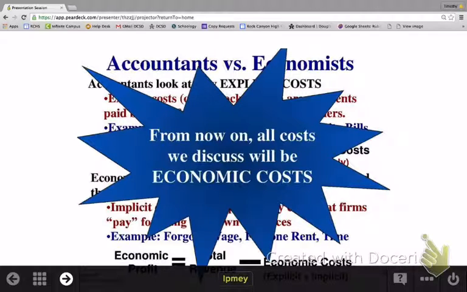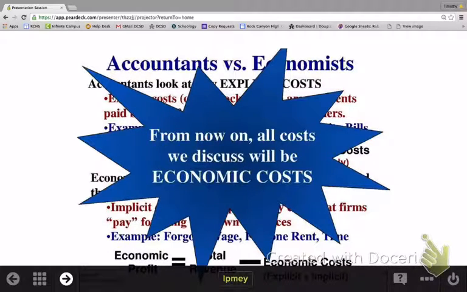So that's an additional $57,000 in money given up. When we subtract that from the profit that she had before of $10,600, we would see her economic profit is actually negative $46,400.